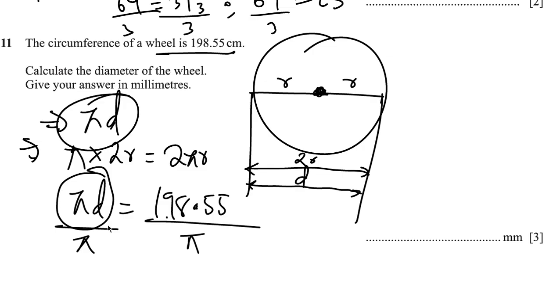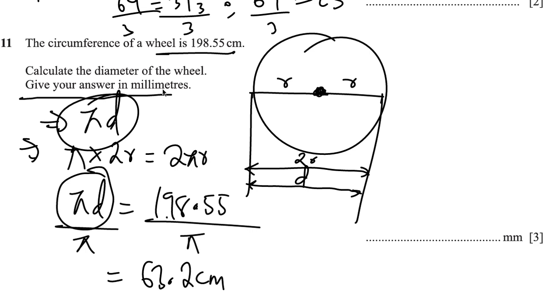So 198.55 divided by pi is equal to 63.2 cm. But look at what the question says: give your answer in millimeters. So that implies that you must be very conversant with the unit system, the conversion system.